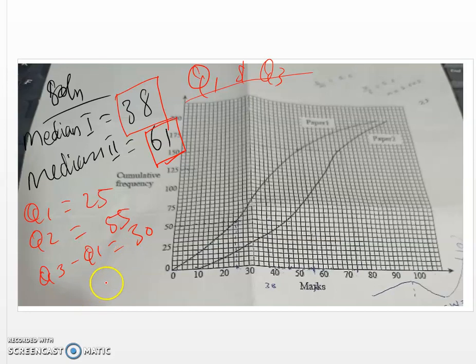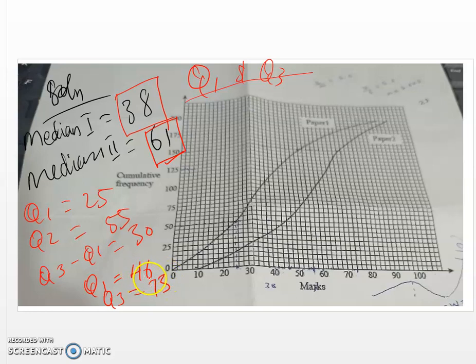If we do the same for paper 2, we take the lower limit, Q1, which is equal to 46, and Q3 is 73. Because of time, we will just finish up with this video.